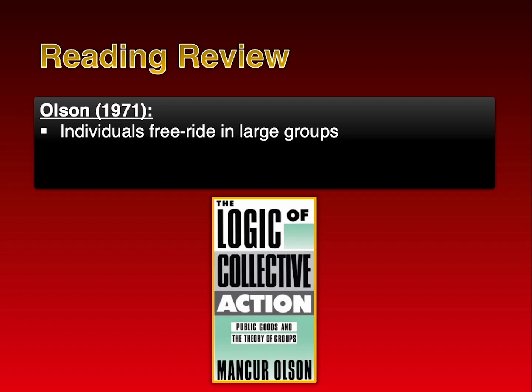Basically, the contribution of a single person in a group of 400 is going to seem less consequential than the contribution of a single individual in a group of 4. Olson argues that this logic explains why many broad-based interest groups, such as consumers of products or the general public, struggle to organize effectively. This is a collective action problem.